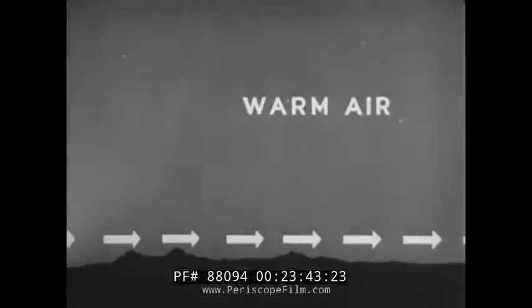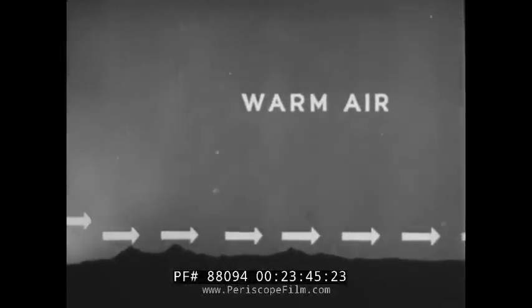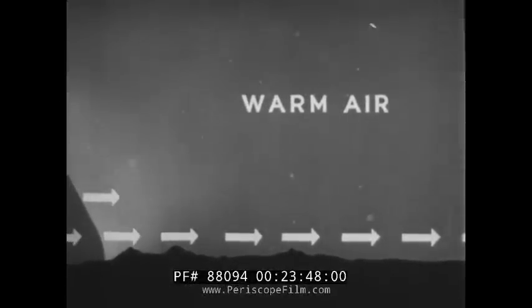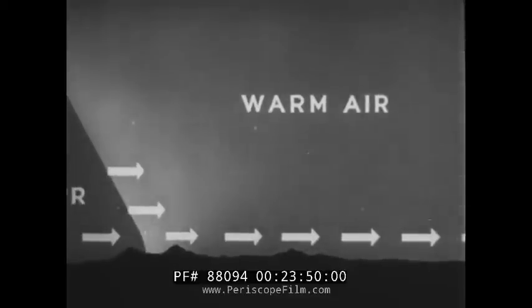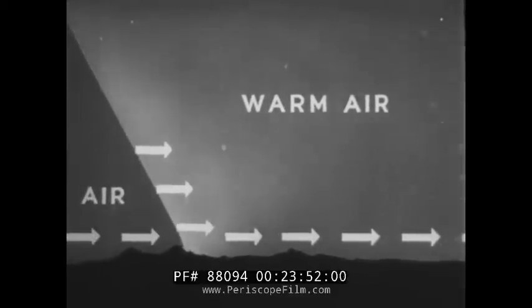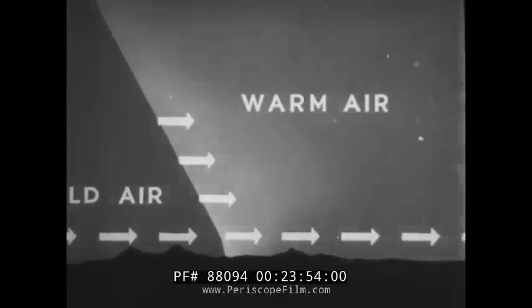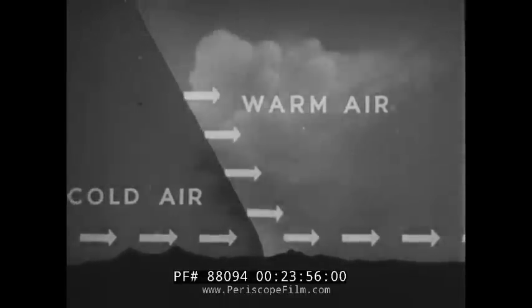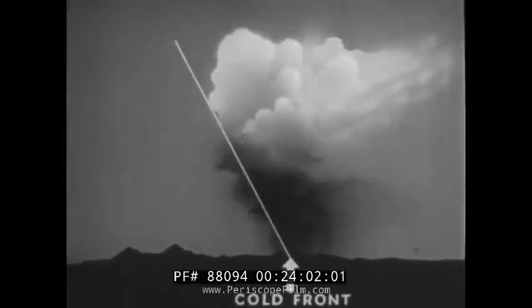At the cold front, the dense cold air undercuts the warm air of the warm sector, forcing it to ascend. Here again, the ascent of the moist warm air produces cloud. The slope of the surface of discontinuity between the two air masses is of the order of 1 in 50.